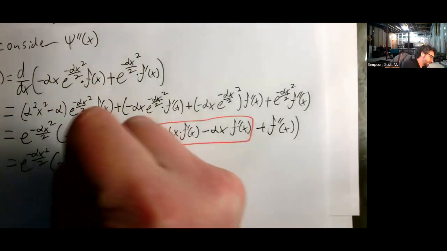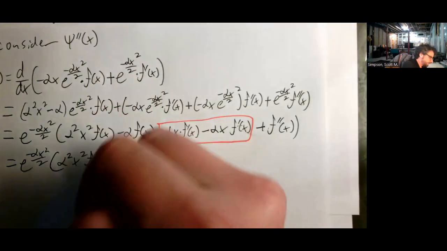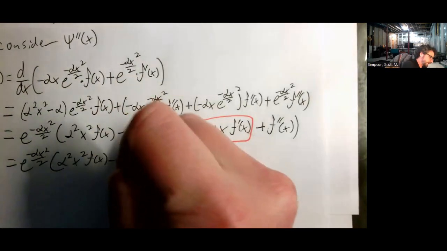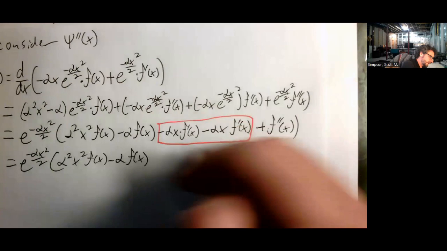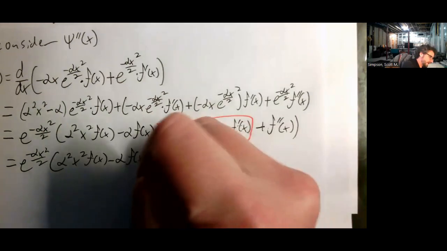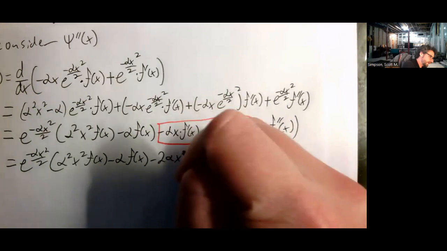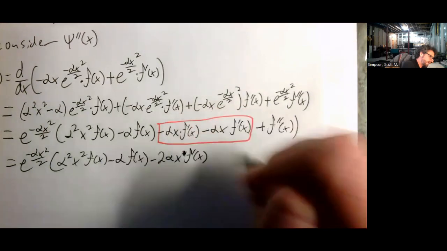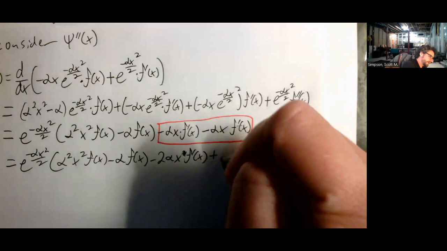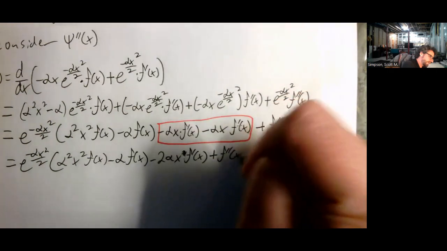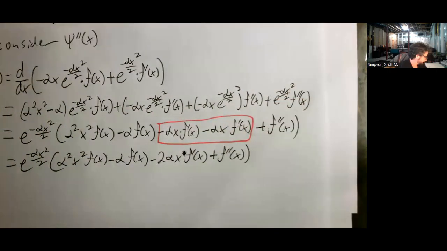x squared f of x minus alpha f of x. Combine these, so that will become just negative 2 alpha x f prime of x. Whoops, don't need to put a square there. Plus f double prime of x. Okay.